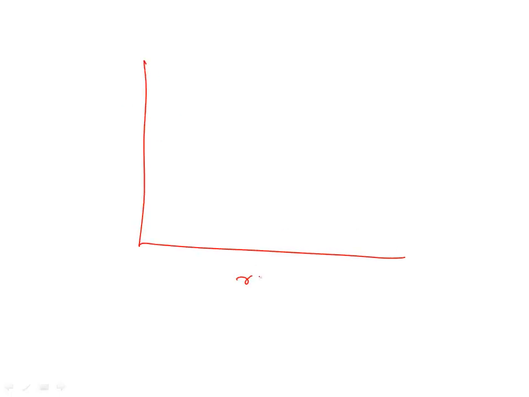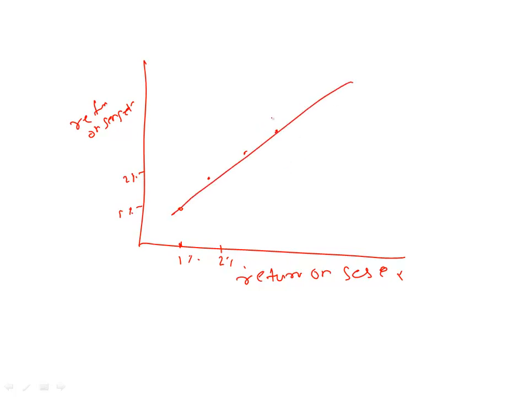I am going to put return on Sensex here, and return on Sensex here. So if return on Sensex is 1%, return on Sensex is 1%, return on Sensex is 2%, return on Sensex is 2%. So this is my first point, second point, third point, fourth point. I draw a line, the slope of this line would be 1, isn't it?